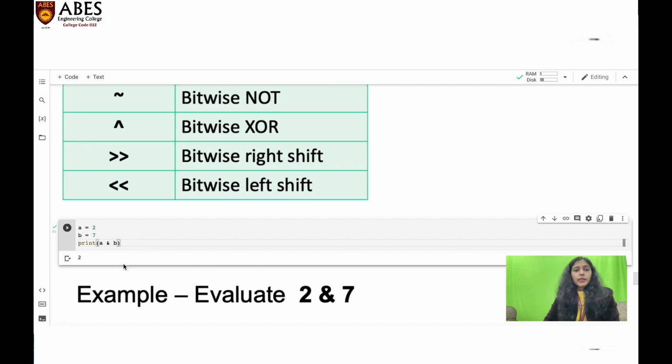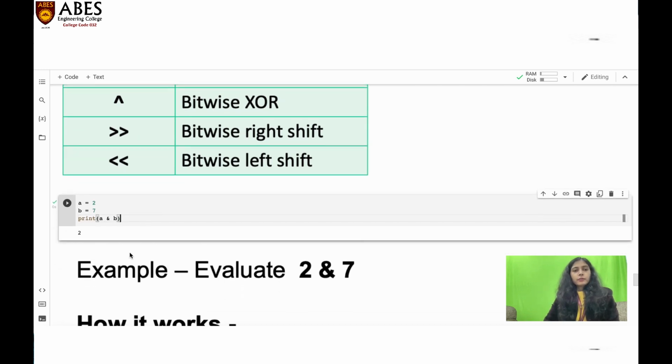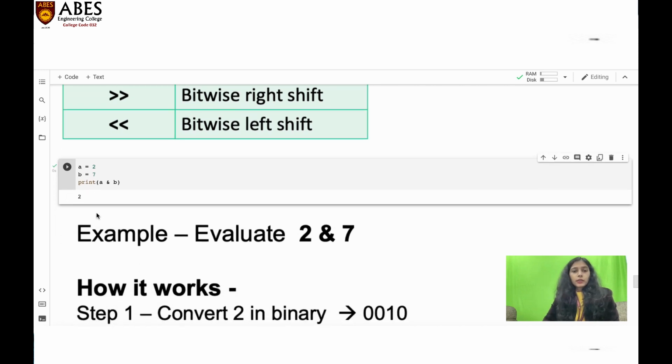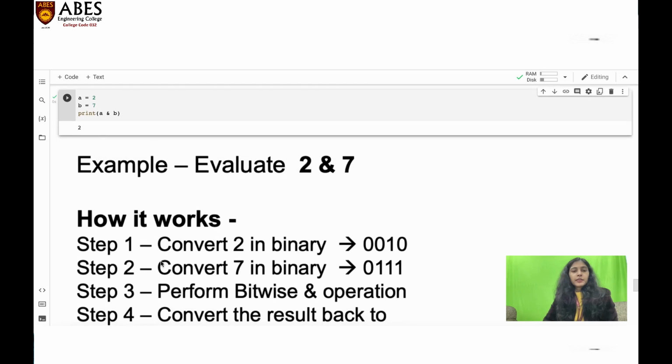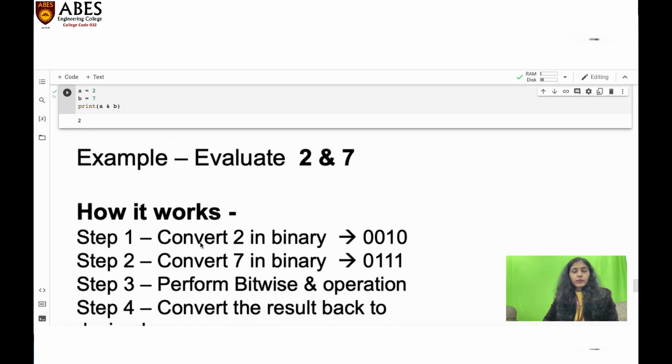So in case of bitwise operation, if I give you the example of 2 and 7, it gives me the output 2. So why is it giving me the output 2? AND operator means we are performing the ANDing between these two values. Just go through these steps I have given you. We convert 2 into binary form.